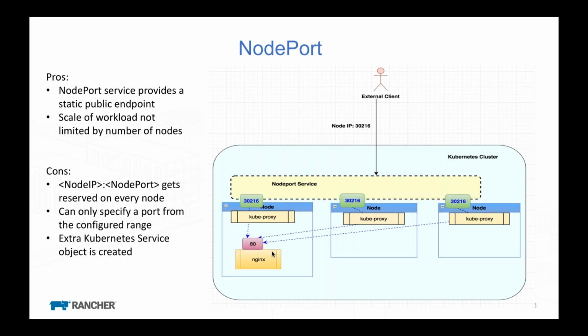If you don't specify a node port, a port from the already configured node port range gets used. Now, the pros basically are that the node port service provides a static public endpoint for your application. So even if your pods get reshuffled or redeployed, your external clients are not breaking. And the scale of your workload is not going to be limited by the number of nodes.